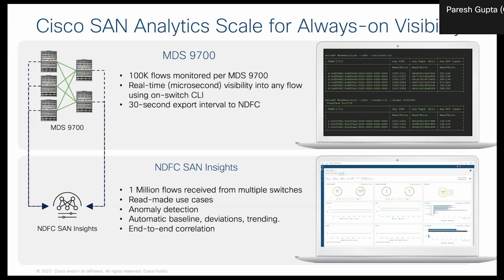If you look across the industry, not just the SAN industry, the capability to monitor 1 million flows is totally unparalleled. Nobody comes close to that, right? And why is it important? Because of this high scale, our customers can monitor everything, and they don't have to miss anything at all. So it's always-on, real-time visibility that they can get with Nexus Dashboard.